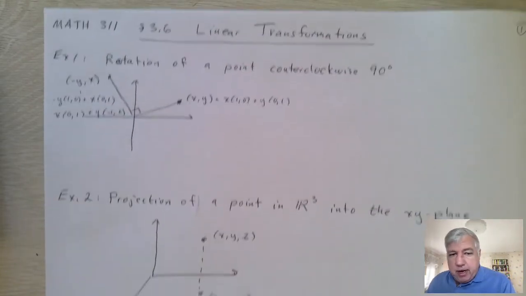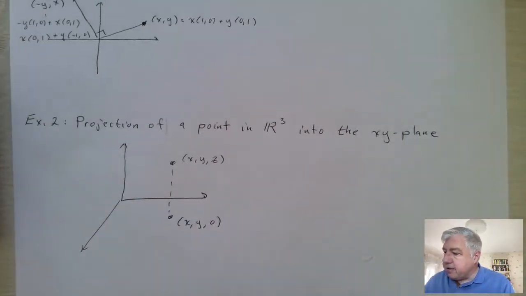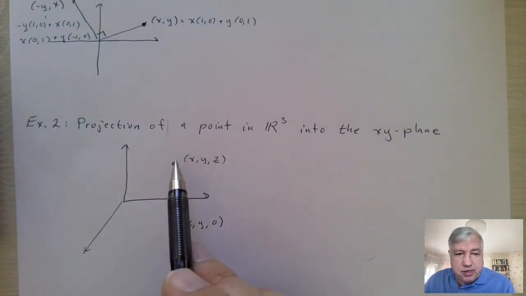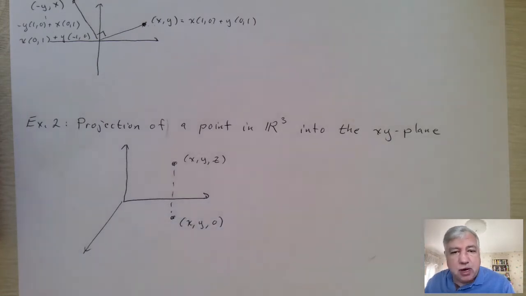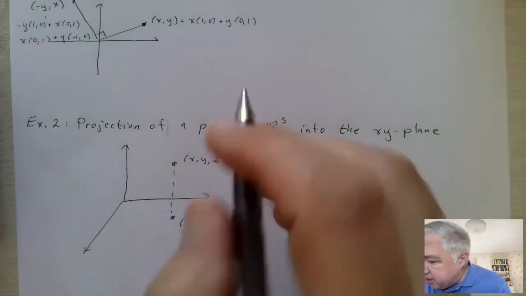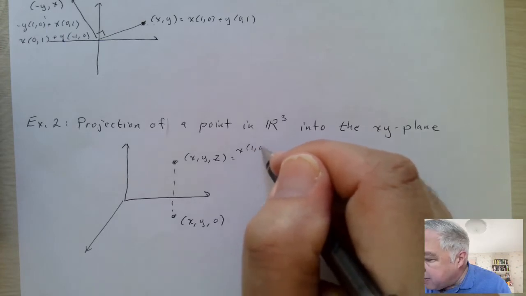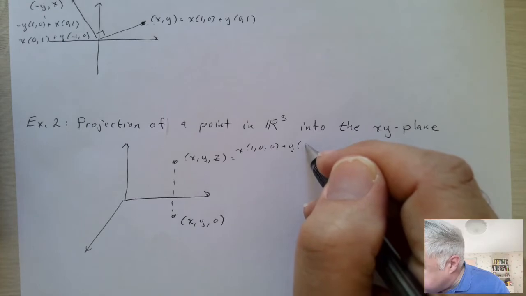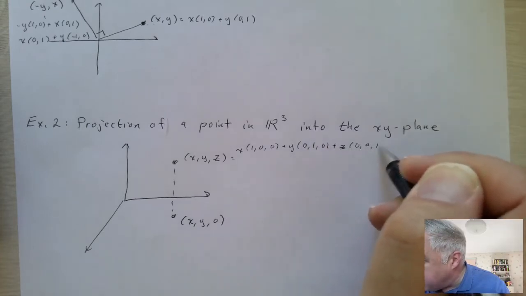We could also talk about a projection of a point in R3 onto the xy plane. Basically, we're just sending a point to the point under it or above it in the plane z equals 0. That's what the xy plane is. And once again, we write this as a linear combination of the standard basis of R3: x times (1, 0, 0) plus y times (0, 1, 0) plus z times (0, 0, 1).